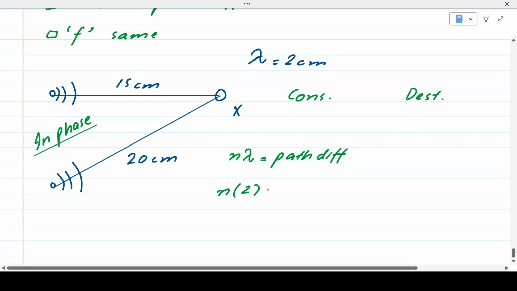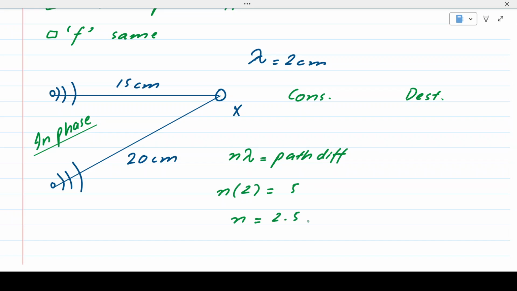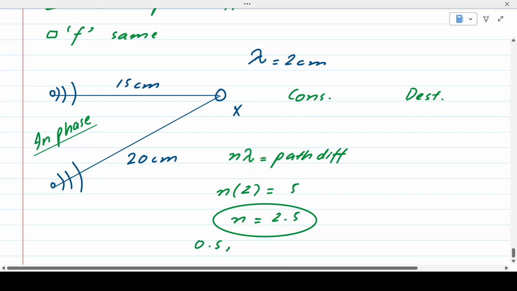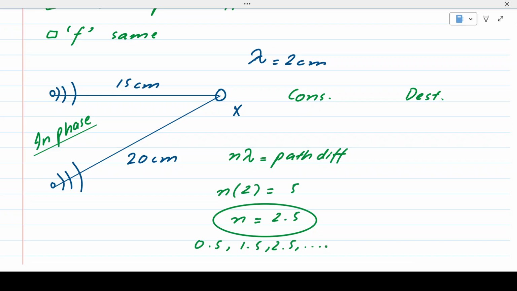Lambda is 2, path difference is 20 minus 15, which is 5. So n equals 5 over 2, which is 2.5. If the value of n is 0.5, 1.5, 2.5, 3.5, 4.5, it means destructive interference occurs at X.